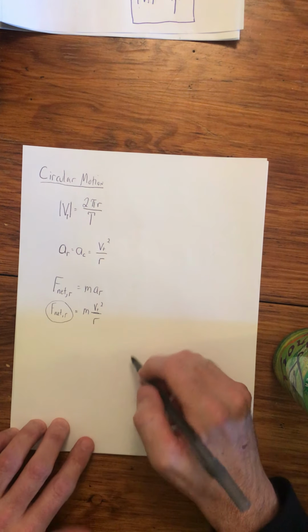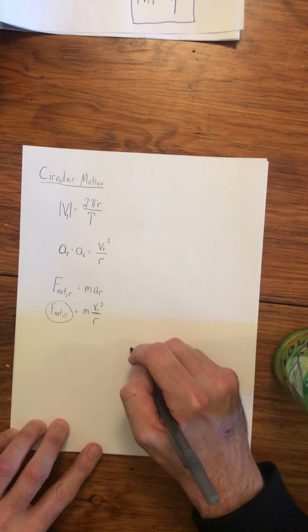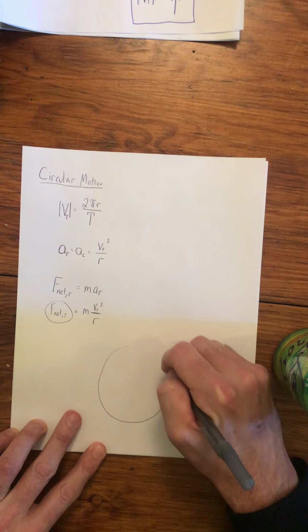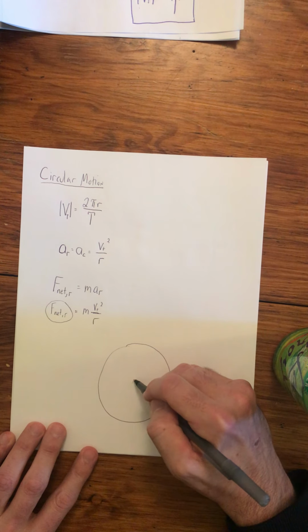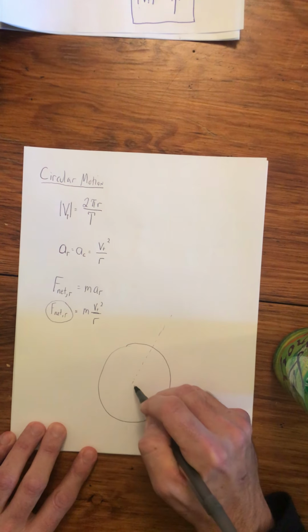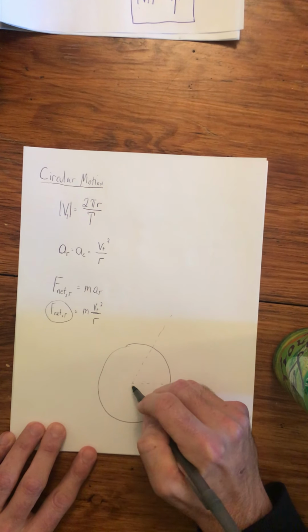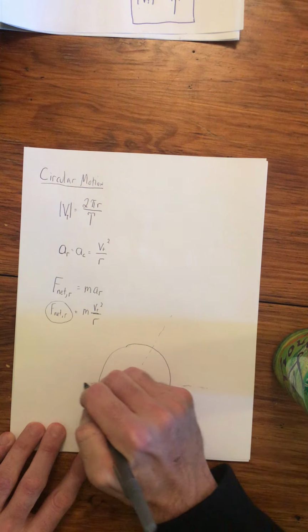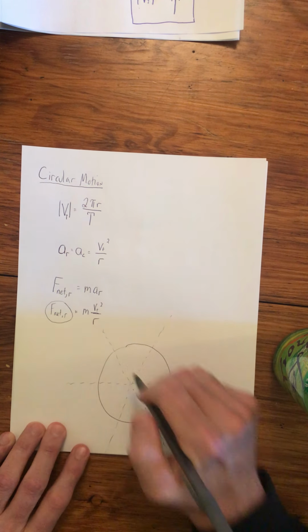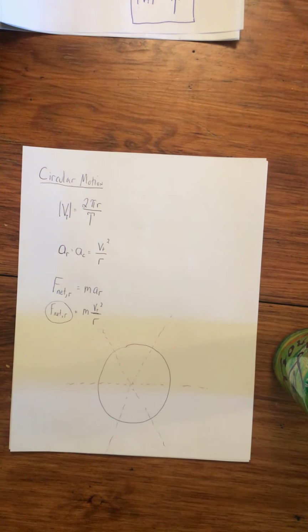Because I want to remind us about what the radial direction looks like. If this is my circle, the radial direction means along the radial line. Now, as an object moves through a circular path, where it is along the circle changes, so the quote-unquote direction of that radial line is changing a little bit.